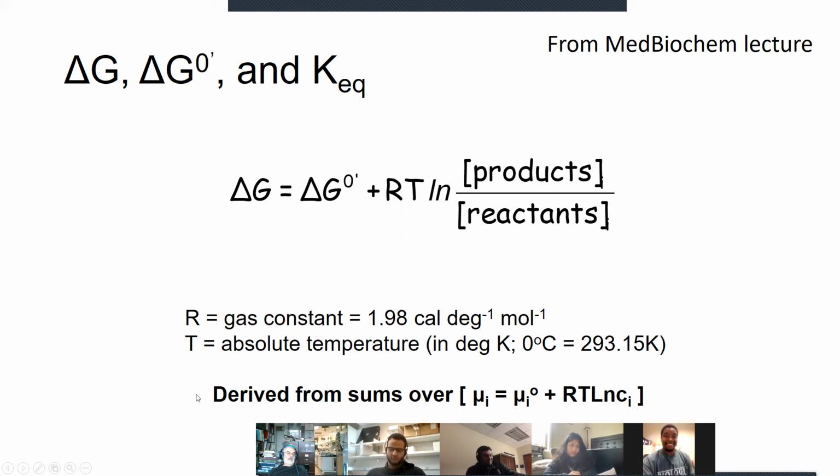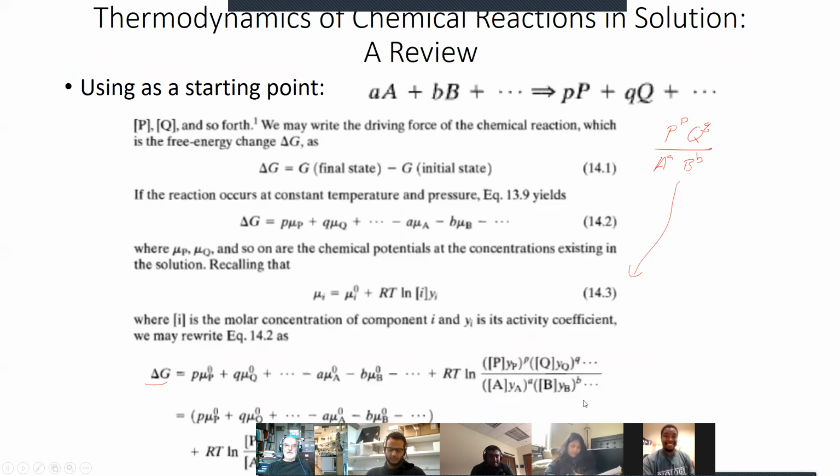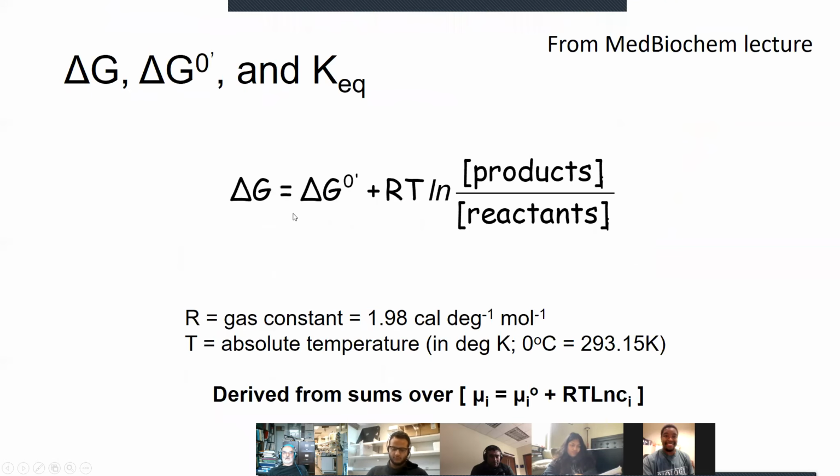If you went back and looked at your medical biochemistry lecture for thermodynamics, this line is in that lecture, and here's where we just did it. We just plugged these into the chemical potential expression. It will involve the product of the products divided by the product of all of the reactant concentrations.